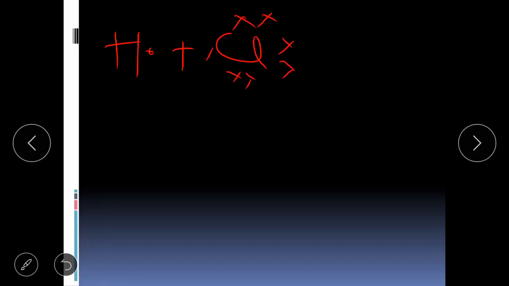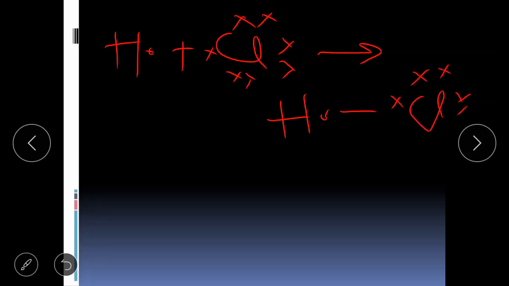So these crosses represent the electrons of chlorine and the dot represents the electron of hydrogen. So what will happen whenever there is bonding in HCl? There is always a sharing of 1 electron between hydrogen and chlorine. So these will remain as they are.